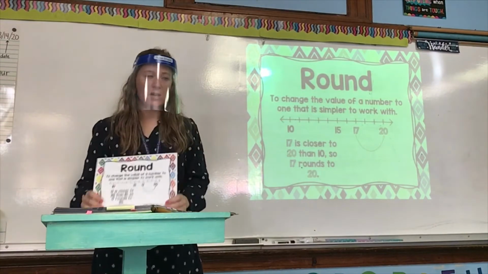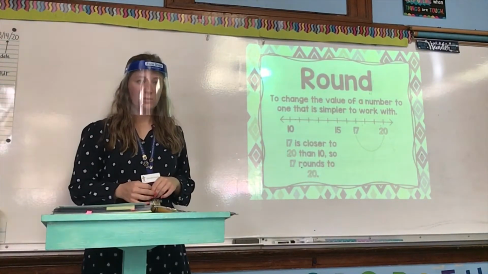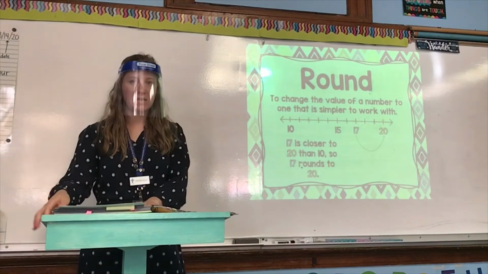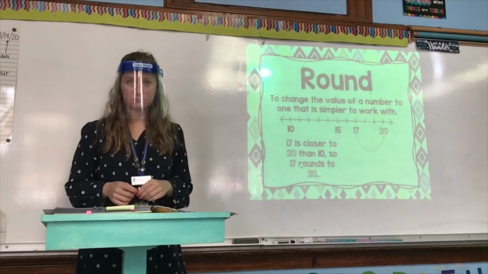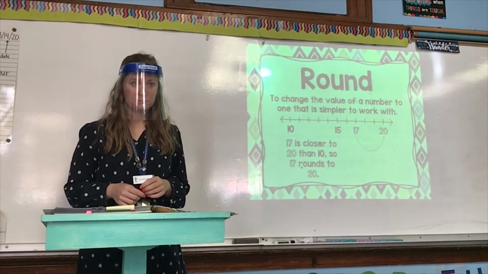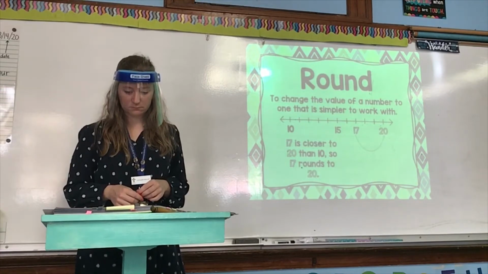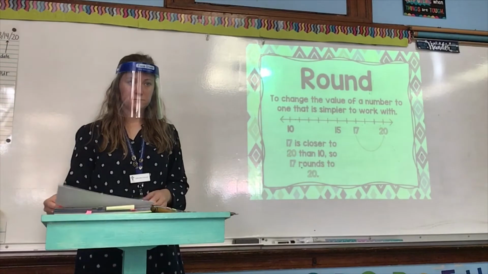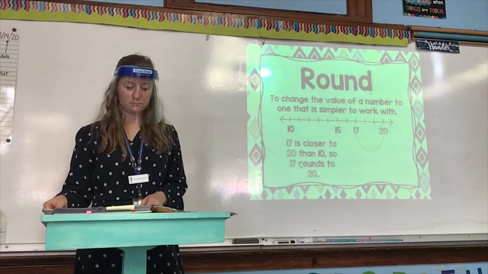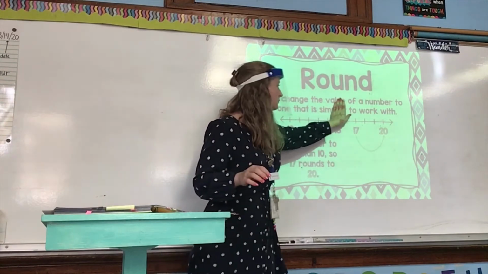Okay, so what is rounding? What does it mean? Cullen? To change the value of a number to one that is simpler.